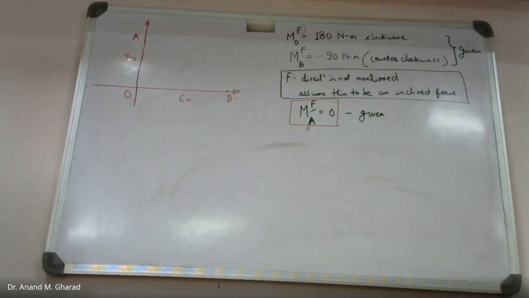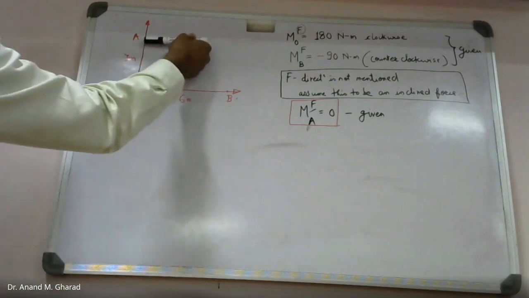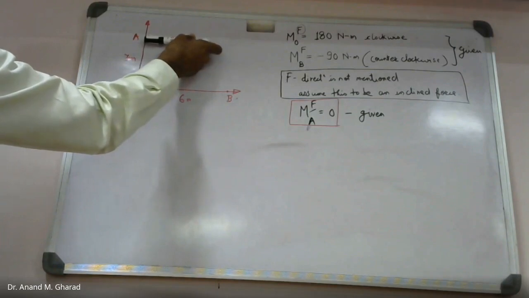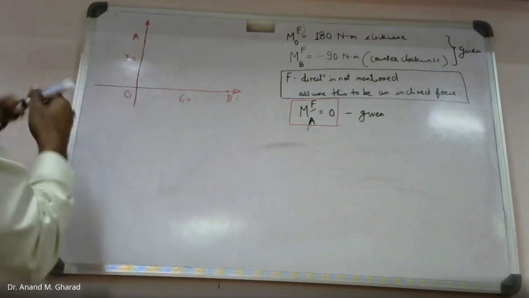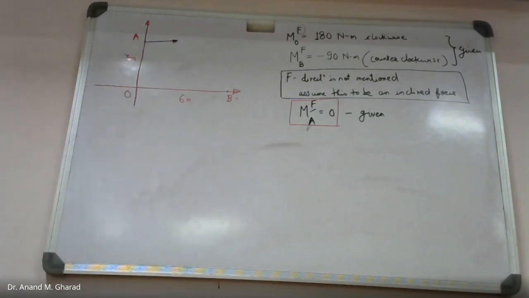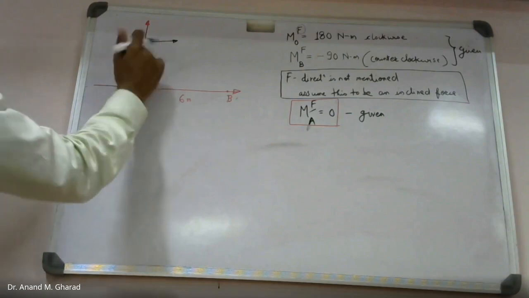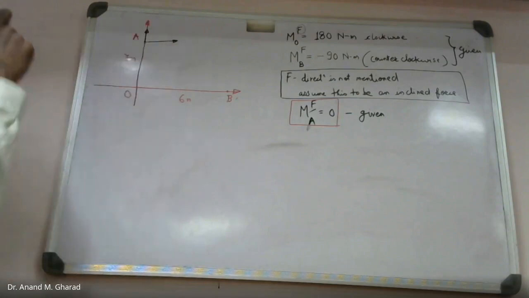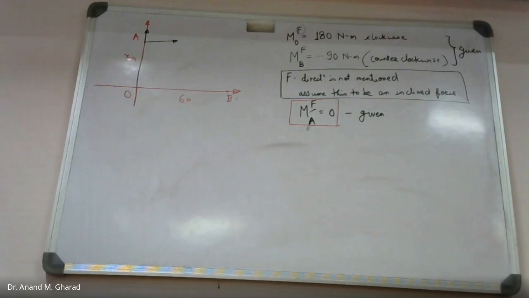Perpendicular to A. Acha, perpendicular in the sense like this? Or like this? On the y-axis like this, you mean to say. Correct? Parallel to what?